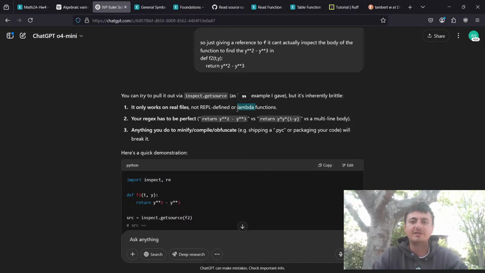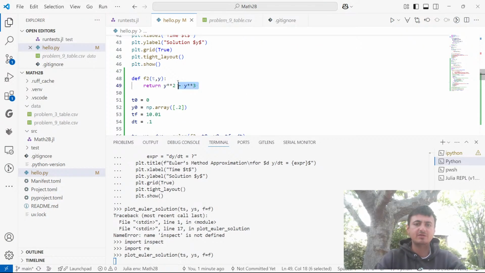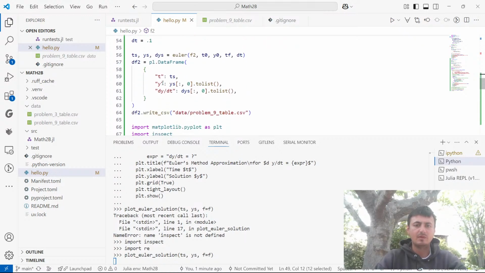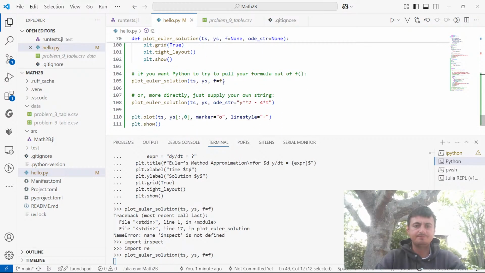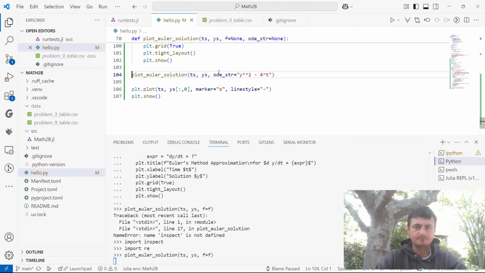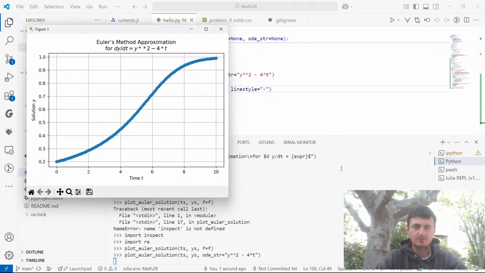Not REPL defined. Oh, geez. Okay, well, whatever. It doesn't matter. We'll just give it the body. That's fine. We'll just say that. Oh, I gotta close the other one. All right, that one works for me.